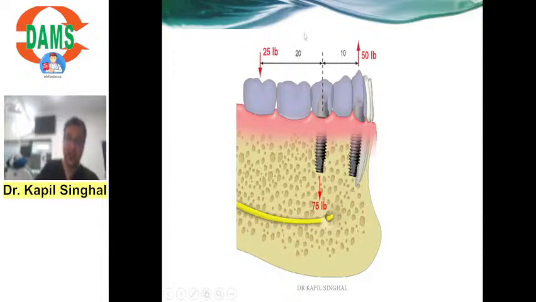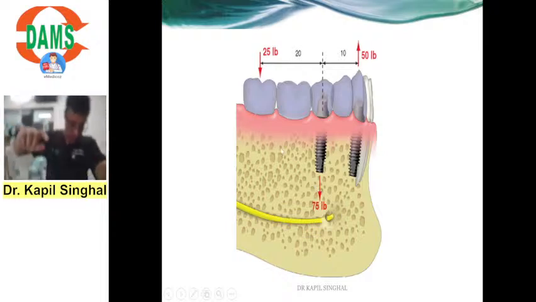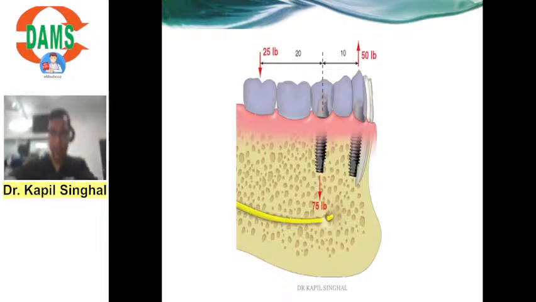Okay, so if they ask you a question, what would be the mechanical advantage? Whatever is the cantilever arm divided by the distance between 2 implants would be the mechanical advantage. Now they can also ask you a question, how much force would be applied on the mesial most implant or the distal most implant when the patient chews. Now the force depends upon the mechanical advantage.